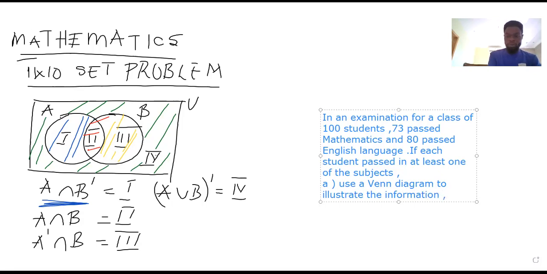And then B, find the number of students who passed in both mathematics and English language.